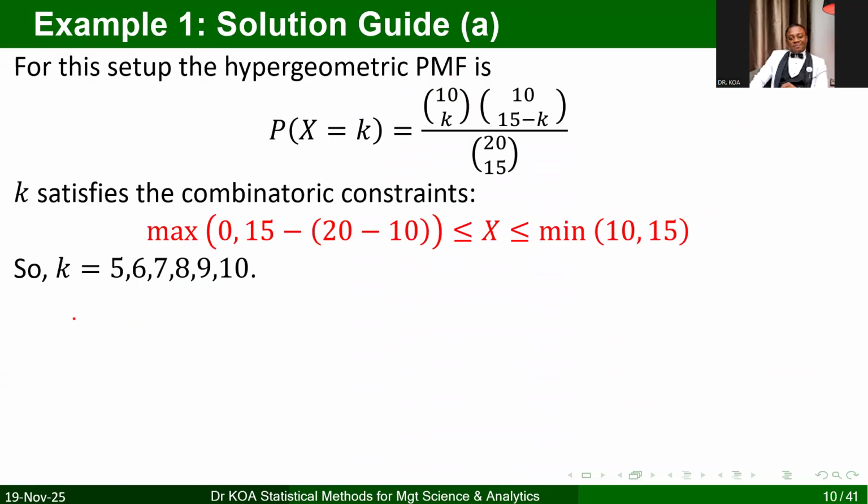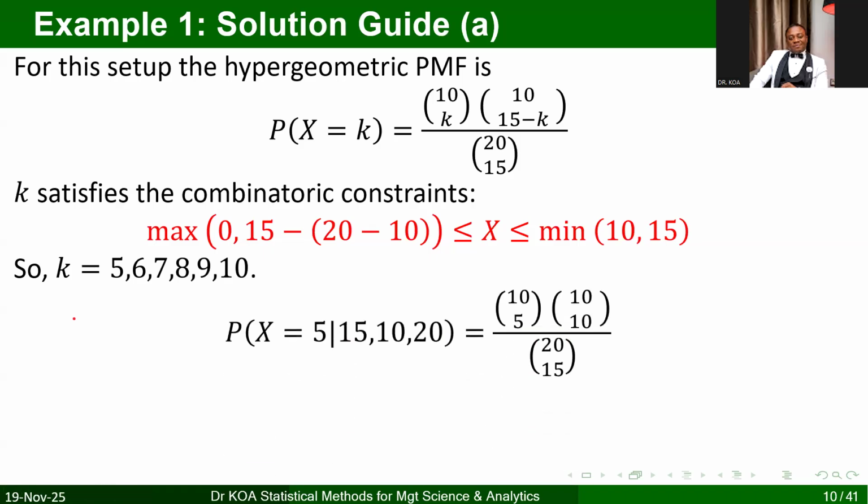Yes, Doc. Now, if you follow the pattern for these values, you can calculate for each one of them. If you substitute the value for K or the value for X, you can find the probability that this is equal to 5, equal to 6, equal to 7, equal to 8. You know that? Yes. Okay.